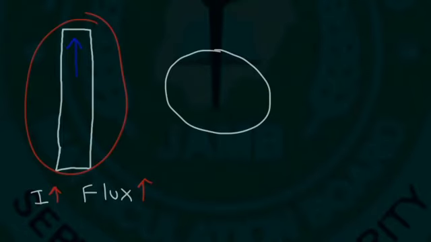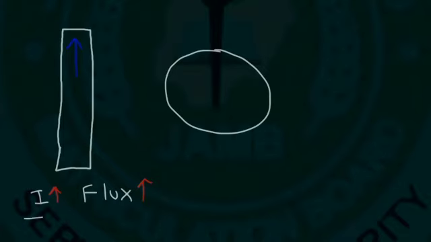Now, if the current in a straight wire is increasing, then that means the magnetic field is increasing, which means the flux generated by that wire is increasing. And that is the magnetic field that is produced by this wire that is in the center of this loop. That's going to increase, which will increase the flux.